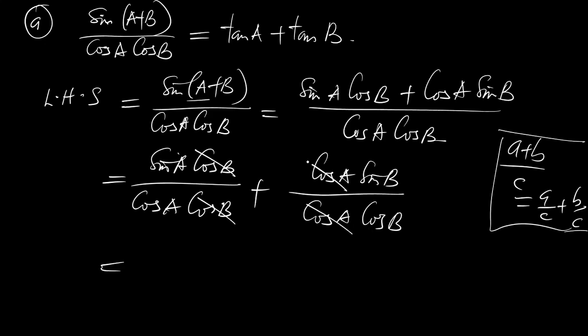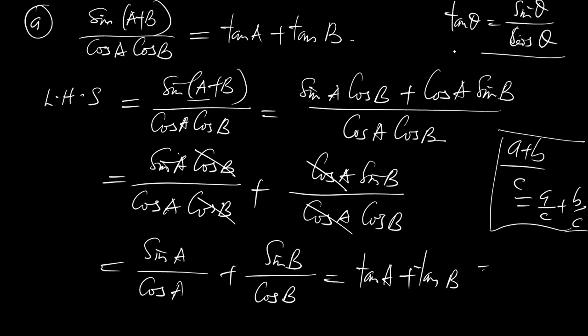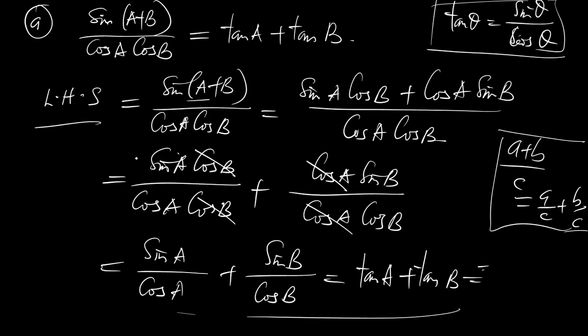What you have left is sin a divided by cos a plus sin b divided by cos b, and this is the same thing as tan a plus tan b, since we know that tan theta is sin theta divided by cos theta. So we have seen that the left hand side is equal to the right hand side of the equation.